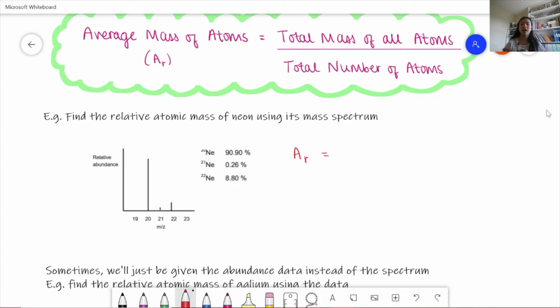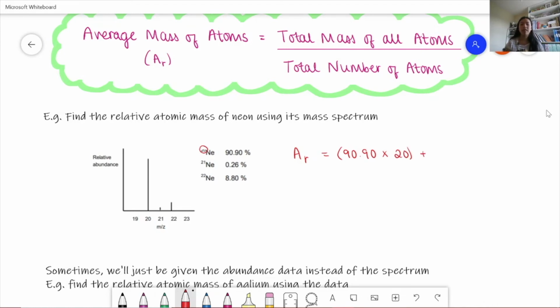So to find the total mass of atoms, we can use mass equals moles times molar mass, but we can actually use the percentages instead of moles. So we can do 90.90, which is the percentage, and then multiply it by the molar mass. And we can see here that this is the molar mass, and so we multiply this one by 20.